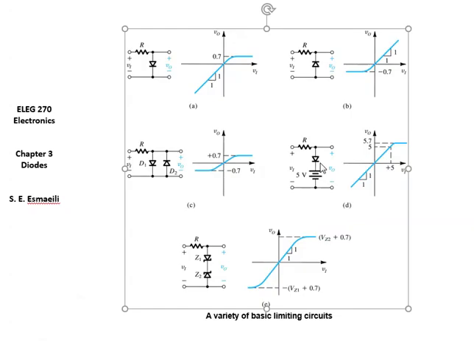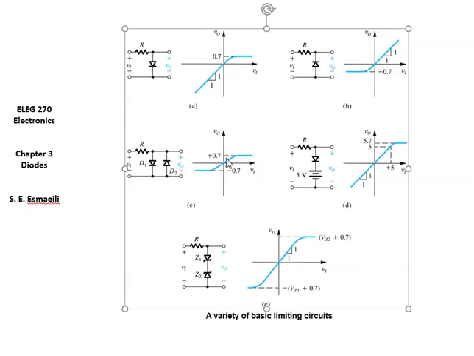So try to look at the other circuits as well, C, D, E, and try to explain for yourself how they work. For example, C is the combination of A and B. You use one diode this way and the other diode the other way around.